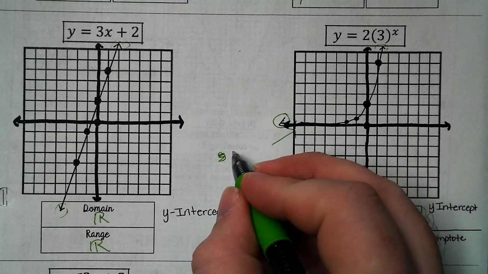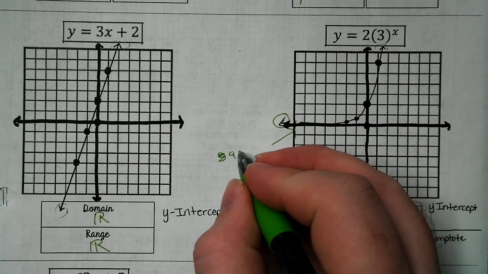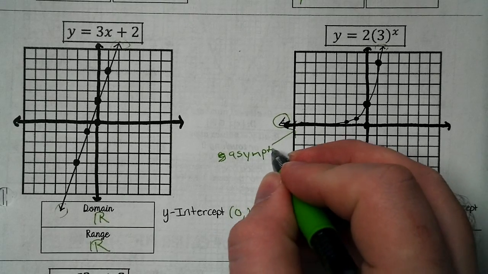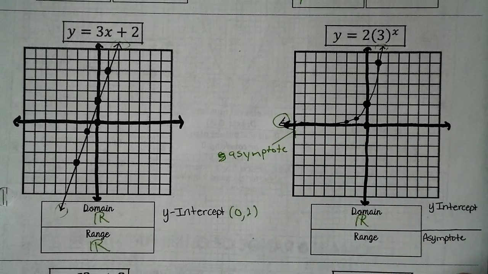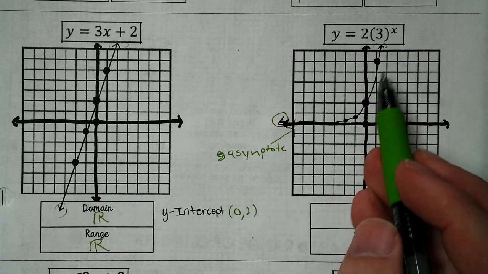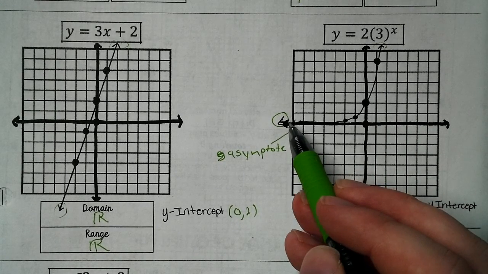Asymptote, A-S-Y-M-P-T-O-T-E. What asymptote literally means is it forever approaches a number, but it never crosses.